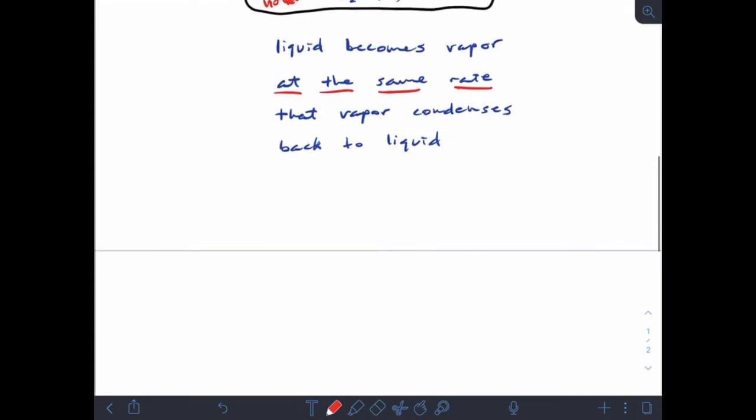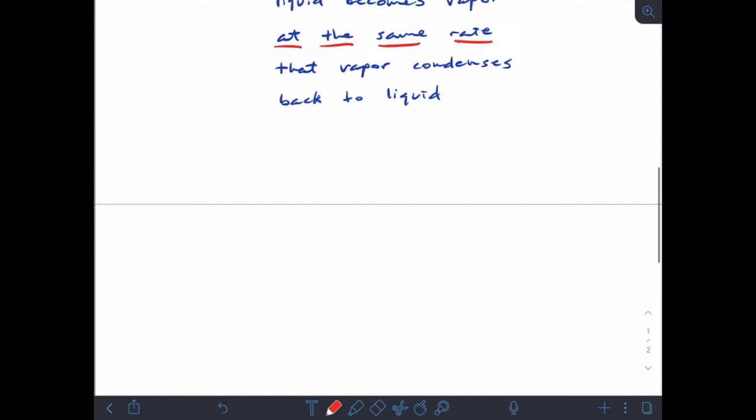Okay, so thinking about how this applies to our chemical equations, what we're going to need, as a very basic skill, is writing an equilibrium constant expression. Okay, so this term equilibrium constant.